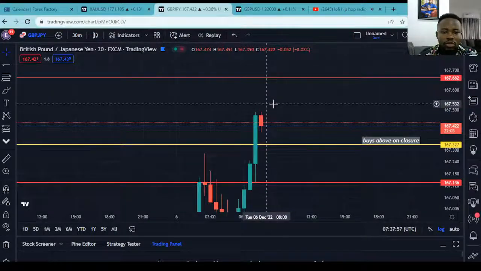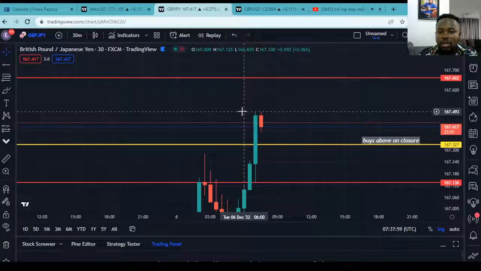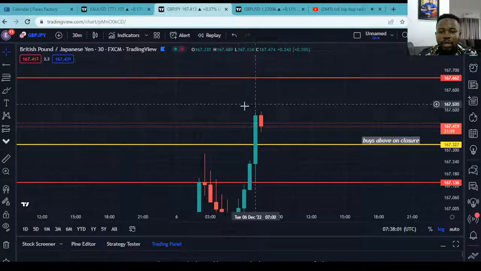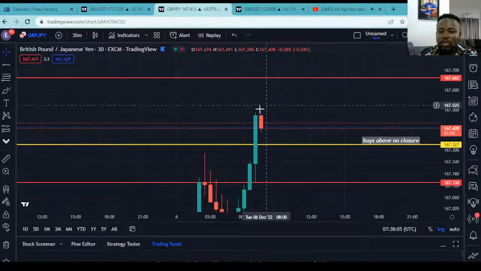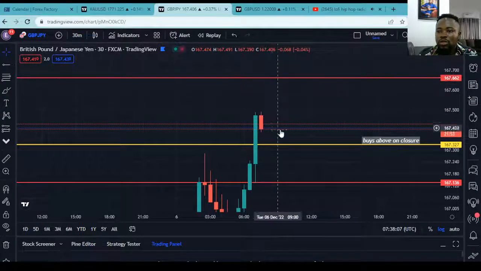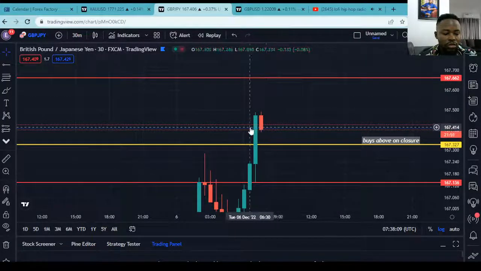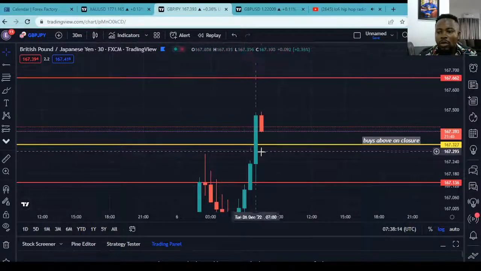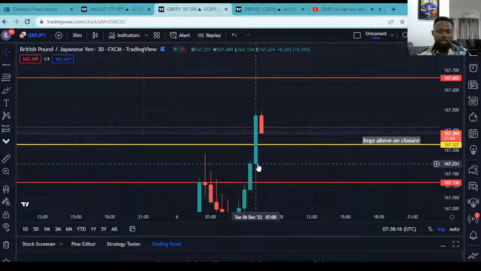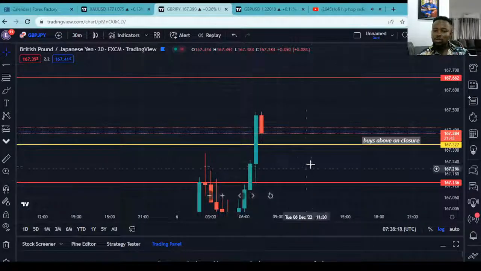So, GJ just needs to break the highs. The moment we break these highs, I will have my buys executed, expecting volume to keep pushing GJ towards 167,600. So we just have to sit and wait to see what GJ does.